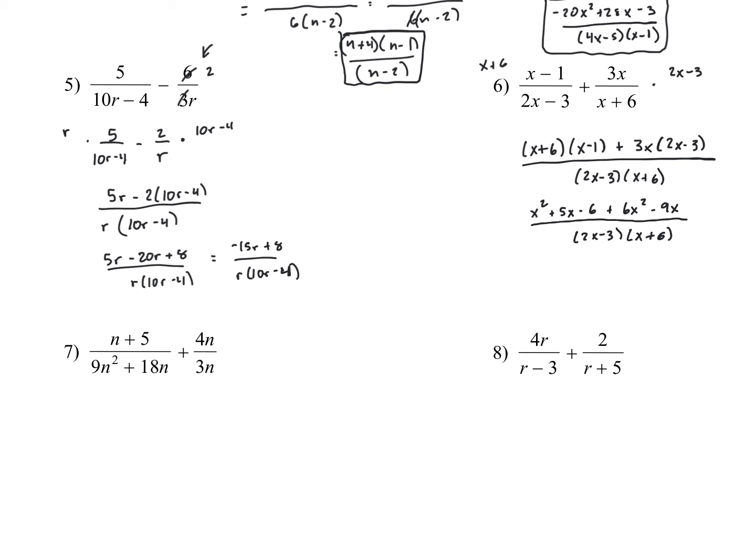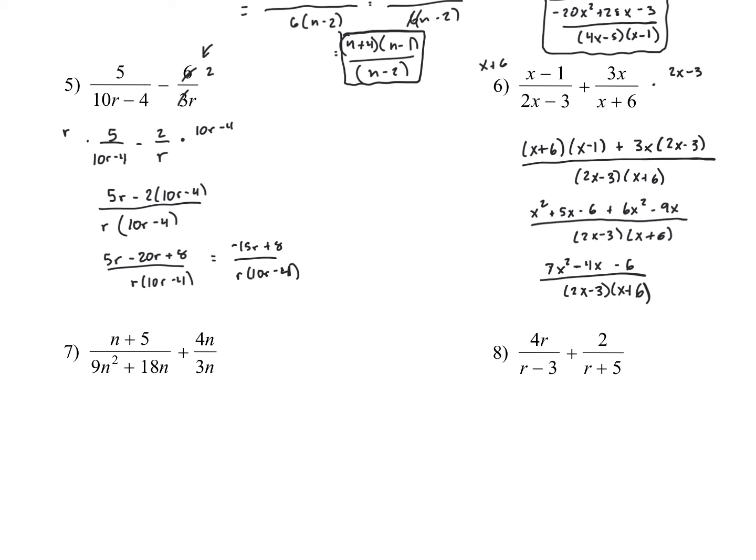Combine like terms in your numerator. I now have 7x squared and minus 4x minus 6 all over 2x minus 3, x plus 6. And that is my final answer.